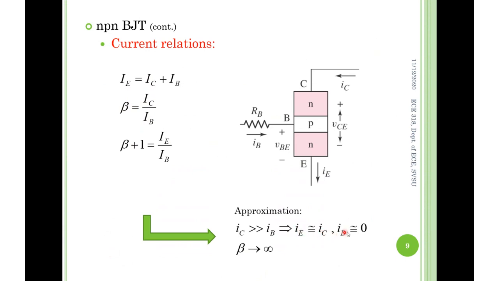Therefore, IB is negligible. Does it make sense? Any questions so far? All right, if this is fine, then we can move on.